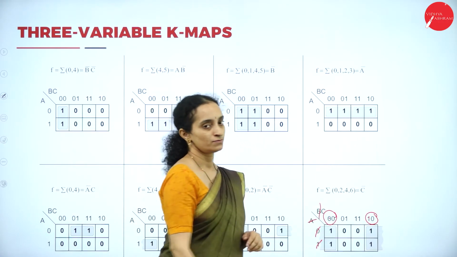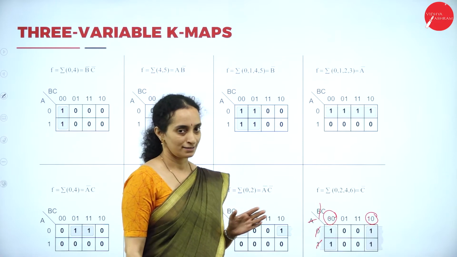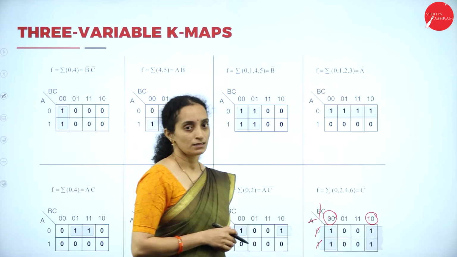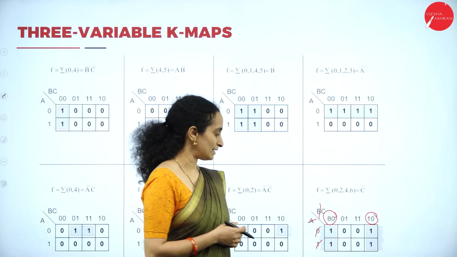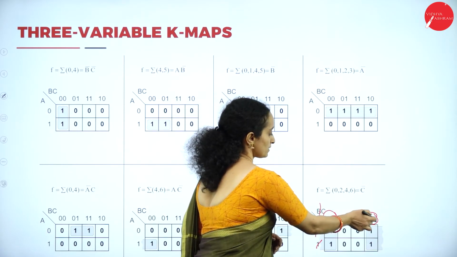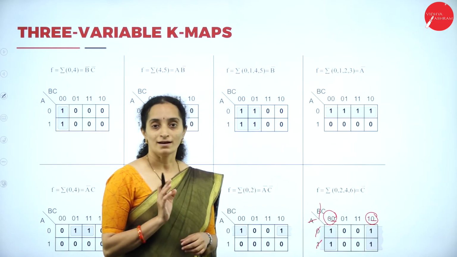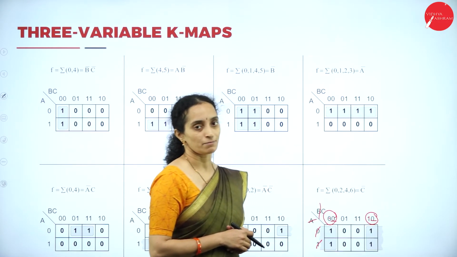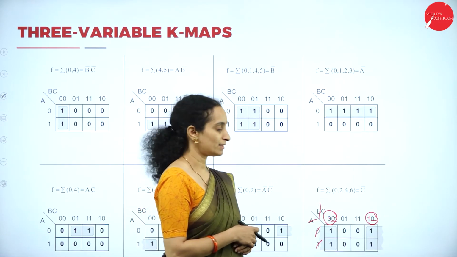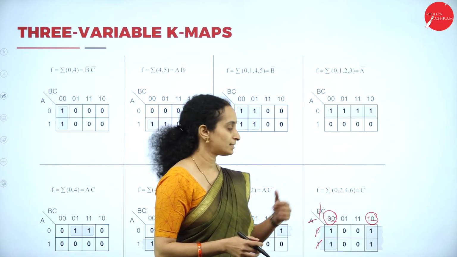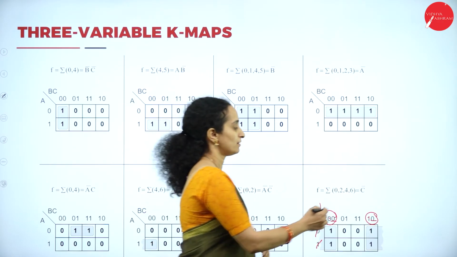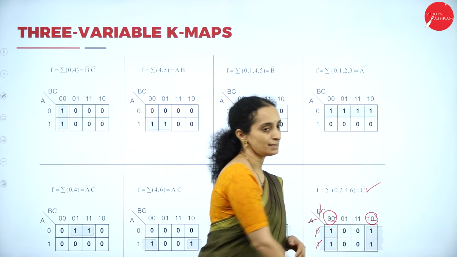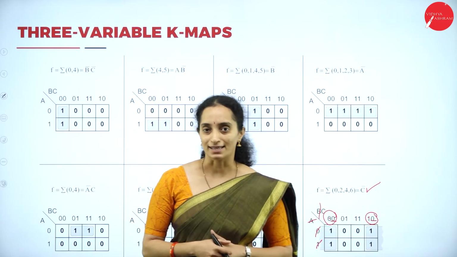Therefore, we are going to cancel the variable B. Next, we have the variable C. In both the combinations, we have the complement form of C. We can keep the variable C with complement form, that is C dash. Therefore, the answer is C dash.